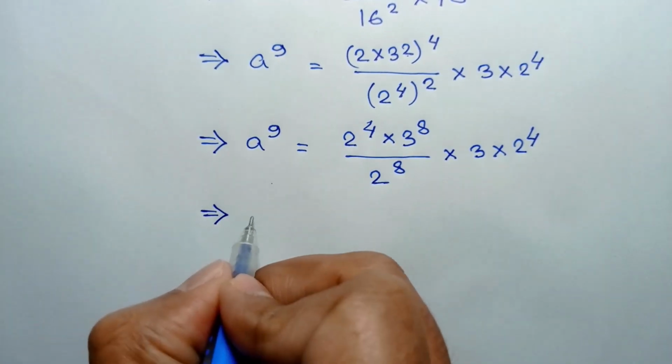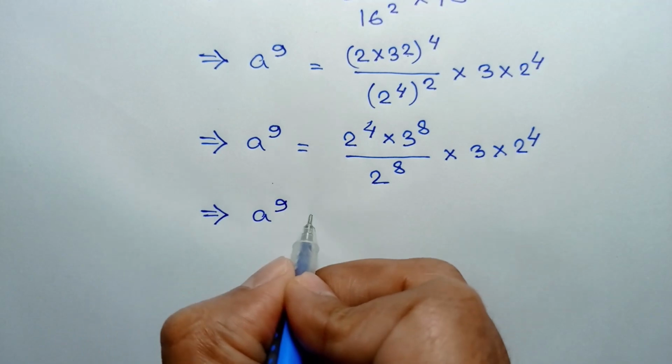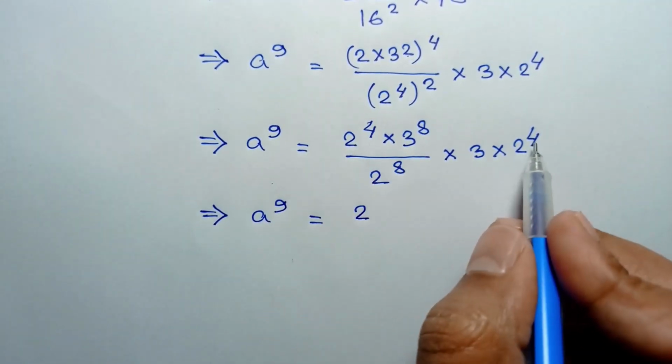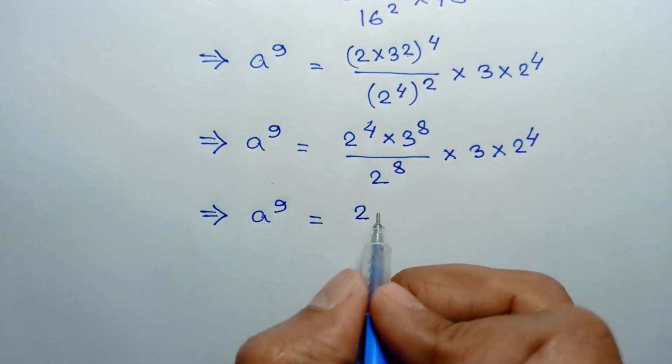or a to the power 9 is equal to 2 to the power 4 plus 4 minus 8.